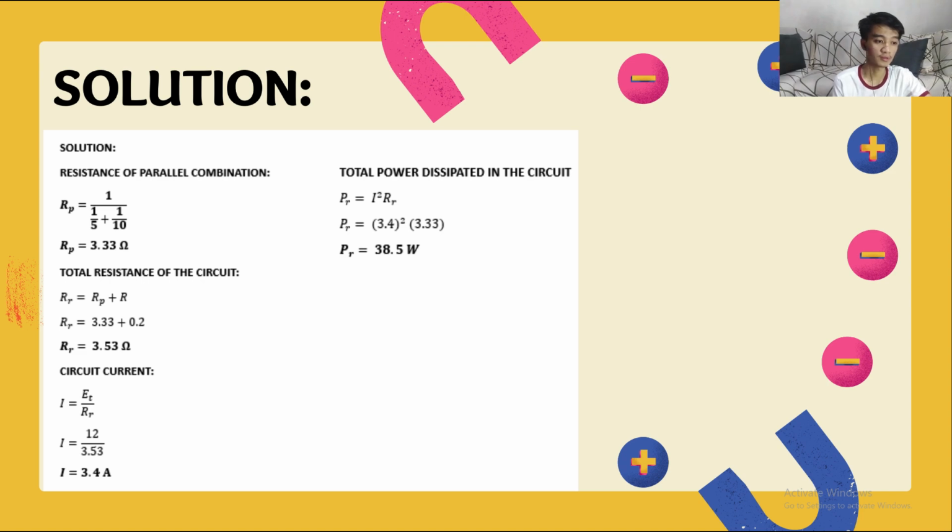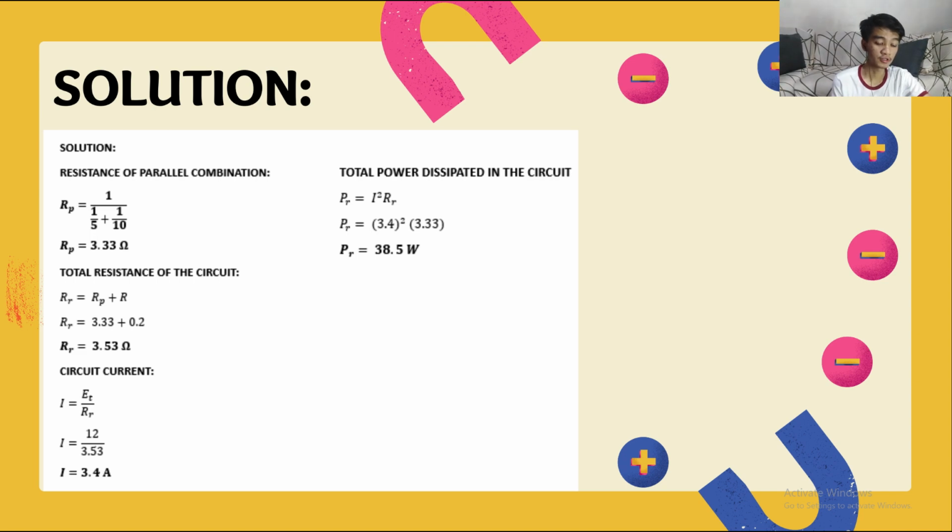Next, we'll compute the total resistance with the internal resistance from the then formed series circuit. With the formula of a series circuit, we now add the total resistance from the parallel combination, which is 3.33 ohms, to the 0.2 internal resistance. Then the new total resistance would be 3.53 ohms.